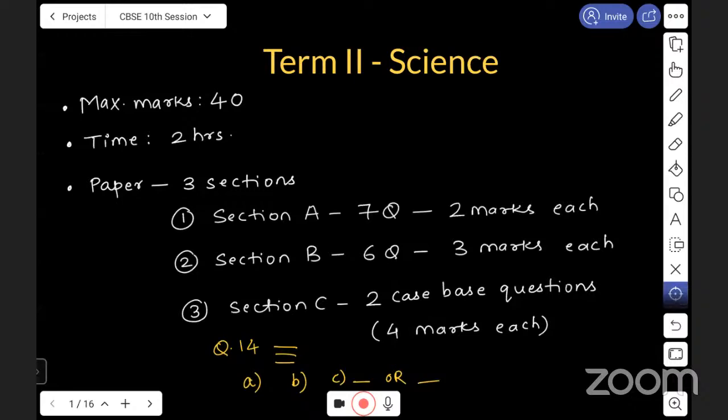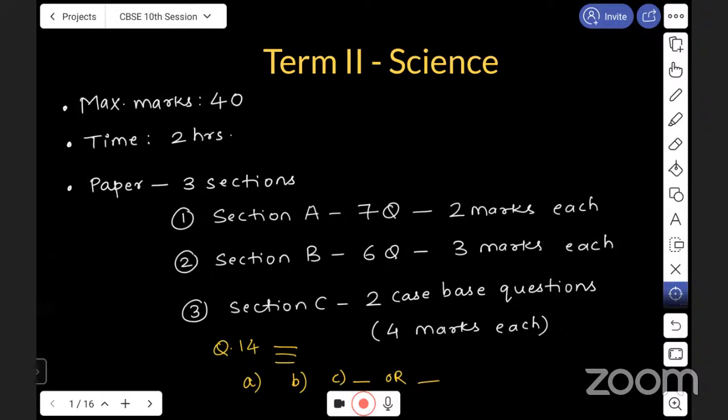All questions in general are compulsory, however an internal option will be provided for a few questions. Especially in section C, the A and B parts are compulsory and the C part, which is for 2 marks, has the option.